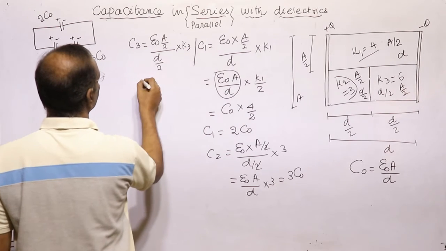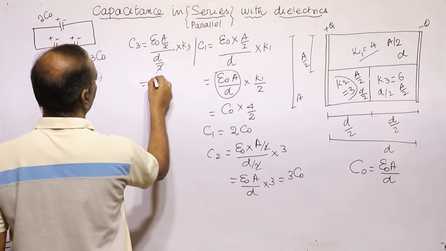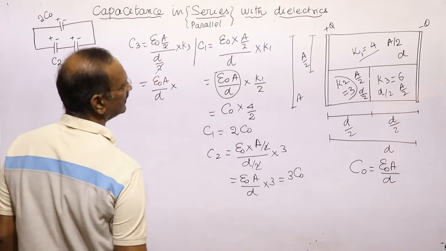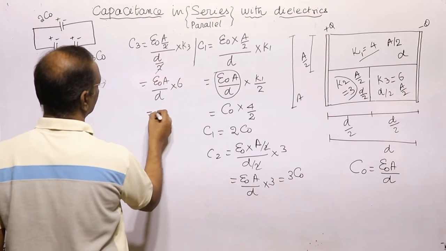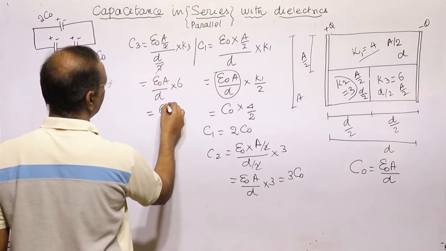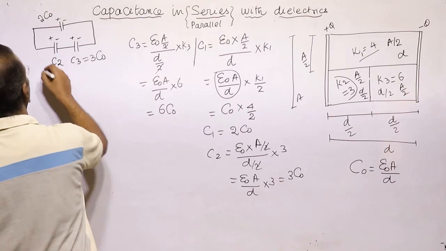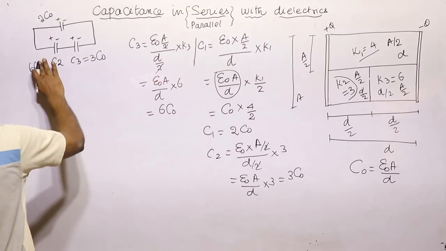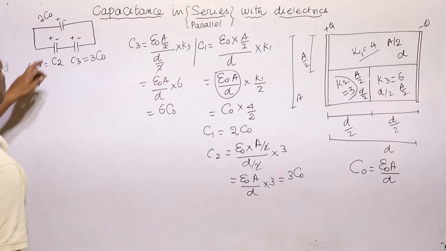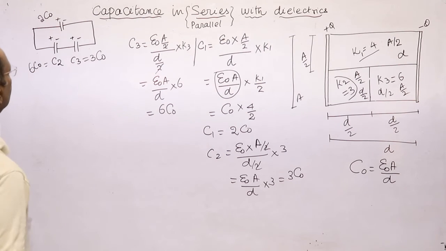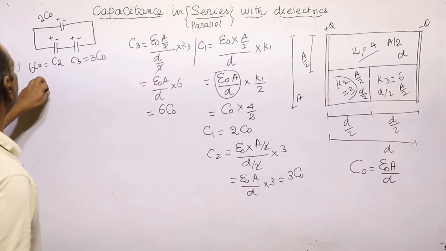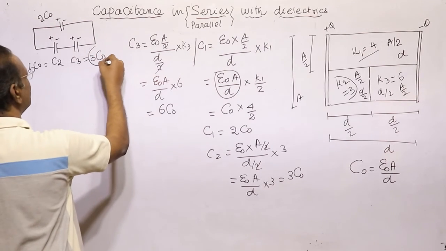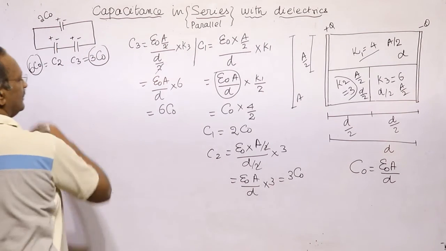This cancels, epsilon naught A by D into K3. K3 is 6, so this is equal to 6 C naught. So this and these are parallel. It means 3 C naught and 6 C naught are in parallel.